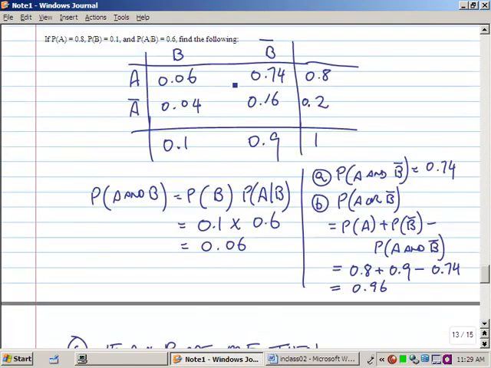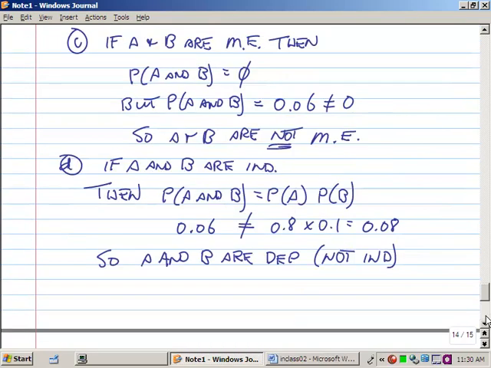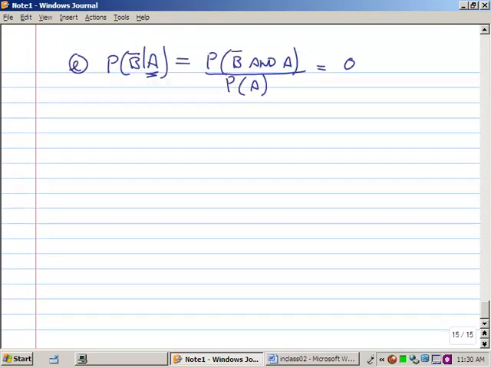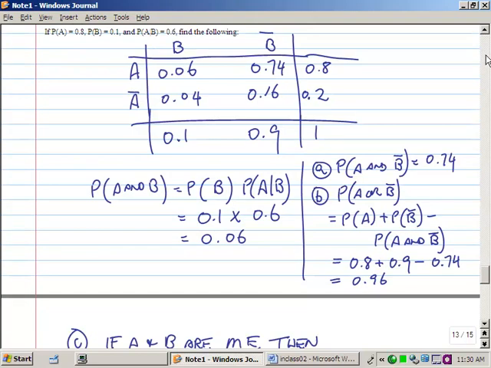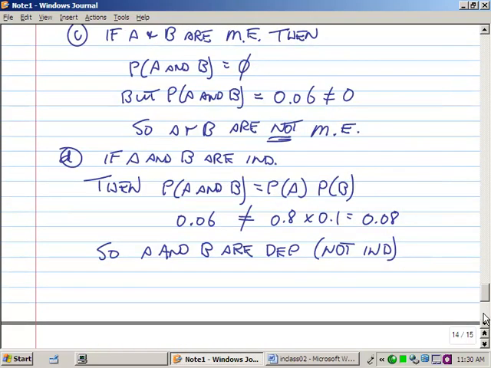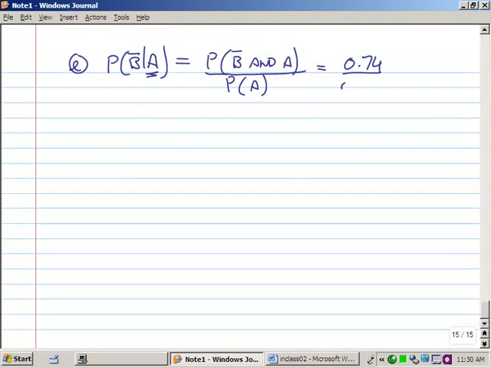B bar and A is at 0.74 divided by the probability of A, that's 0.8. Alright, and the answer to that, after I pulled out my calculator, is 0.925.